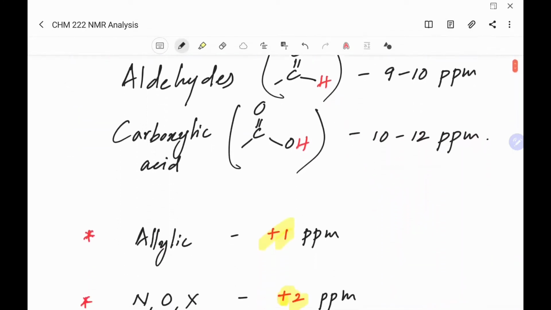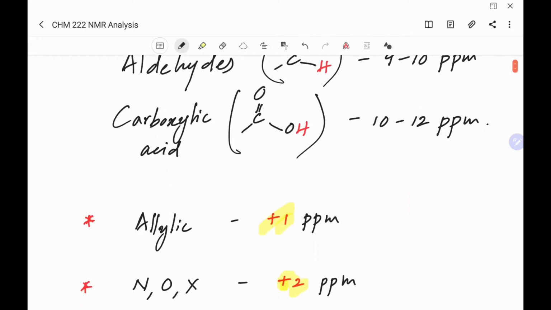Once again, in saturated, sp3 hybridized hydrocarbons, you expect the chemical shift of hydrogens to be around 1 ppm. This is our baseline.